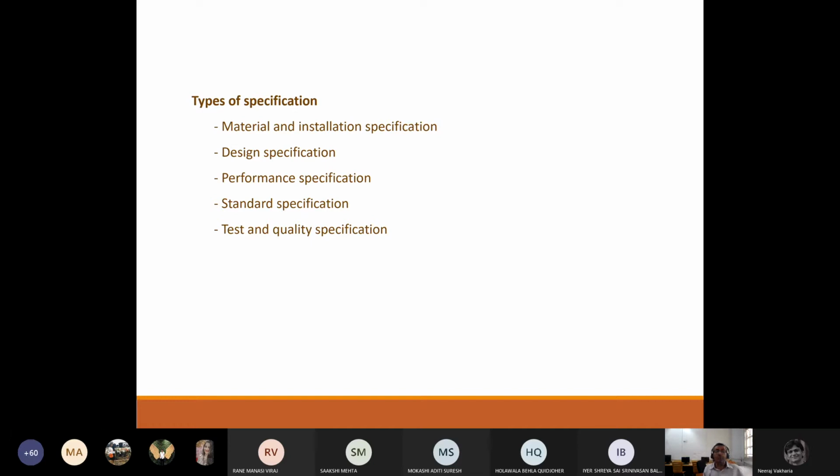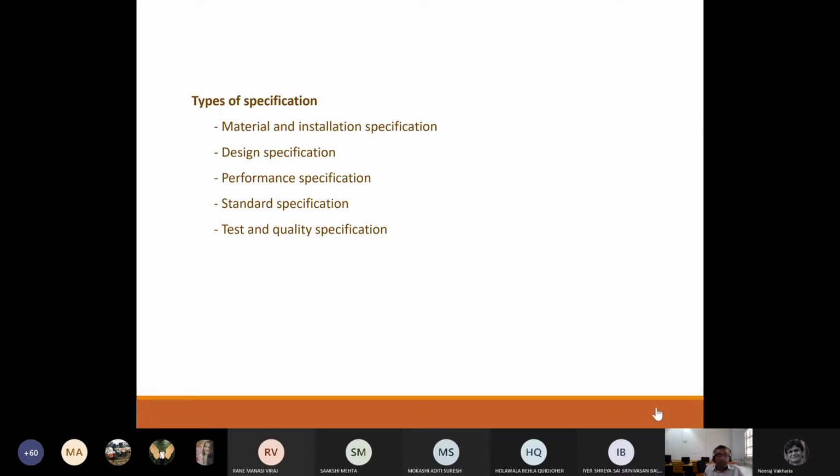The third will be what is called a performance specification. Performance specification is where you want a particular area to perform in a particular way. This is largely with regards to insulation. Like insulation, you want a particular area to be able to remain hot or cold at a particular temperature or in a particular setting, and it is performance oriented.